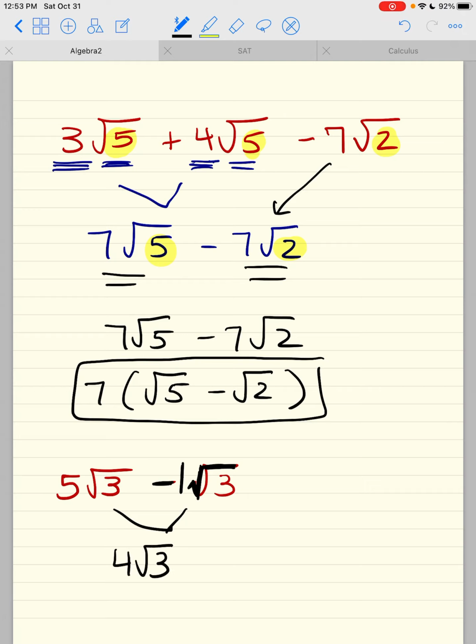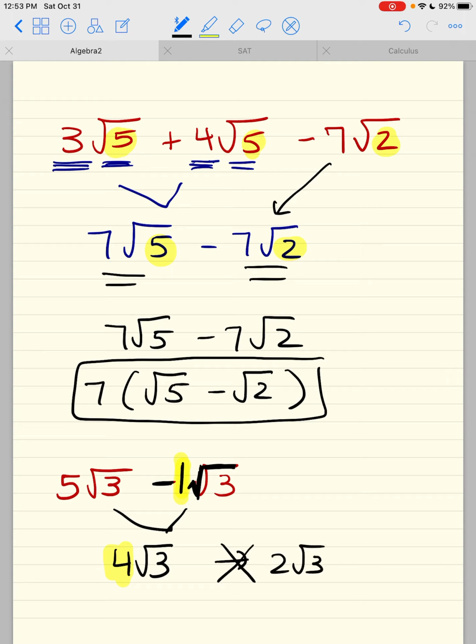Now I chose this problem on purpose, for a specific reason. A couple of things. 1, please be sure to put the 1 in front of the square root. That's your first thing. Second, a lot of times students see a number like 4 and say, oh, that's a perfect square, and the square root of that is 2, and they just say the answer is 2 square root of 3.